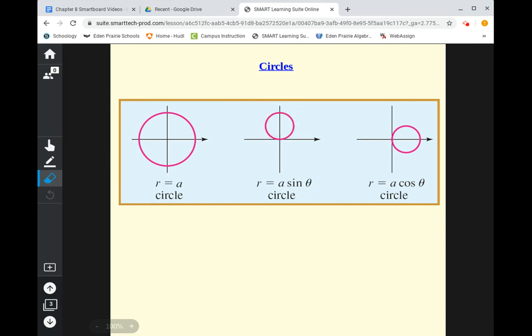If a is negative, it'll be below. Right now, we have it positive, so it's above. And then the last one, r equals a cosine theta, it's on the x-axis. x is your cosine and y is your sine. For sine, your circle's on the y-axis and for cosine, the circle's on the x-axis. Same thing. If a were negative, it'd be flipped over onto the negative x-axis.